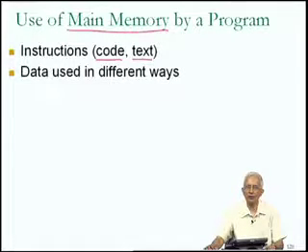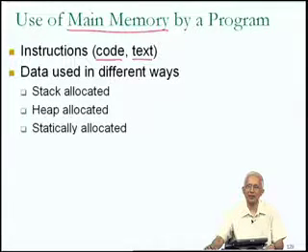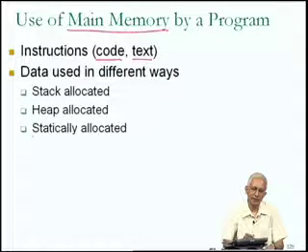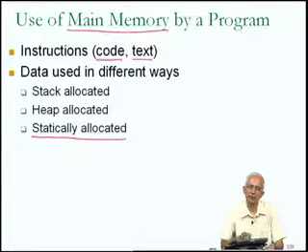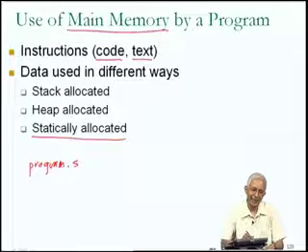In addition to this, what must be present in memory is the different data that is used by the program. And some of that data could be stack allocated, some of it could be heap allocated, some of it could be statically allocated. We've seen something about how static allocation is done. When did we see this? We saw this when we looked at the example of the file program.s. You remember that we had, in connection with, I'm sorry, not integer but float.